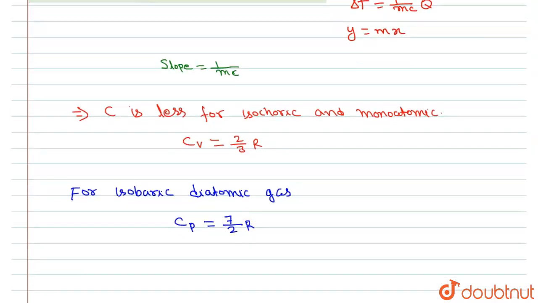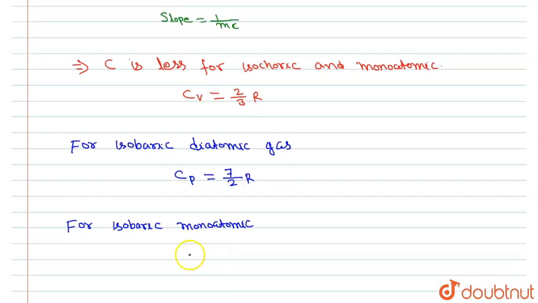And for isobaric monoatomic gas, Cp is equal to 5 by 2 R.